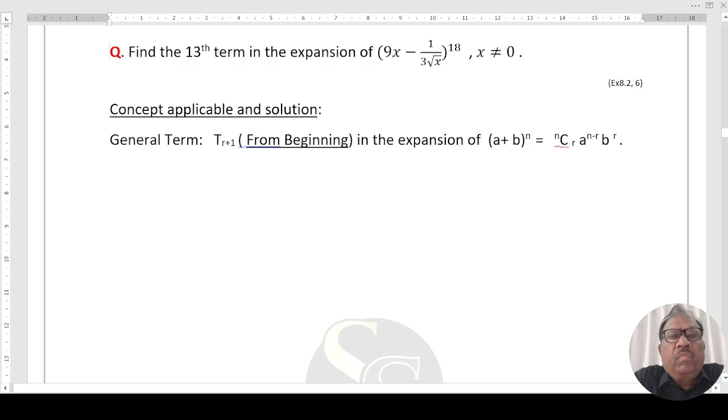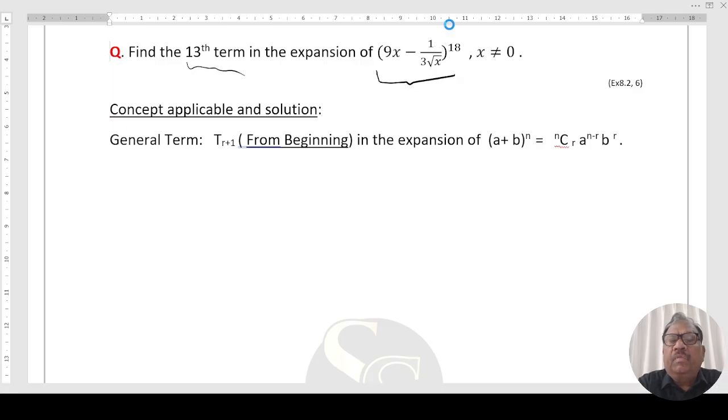Question is, find the 13th term in the expansion of 9x minus 1 upon 3 root x, to the power 18, where x is not equal to 0. Question is taken from NCERT exercise 8.2.